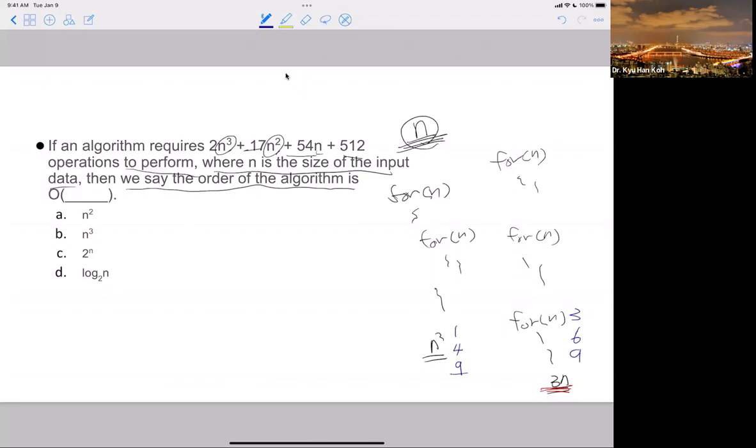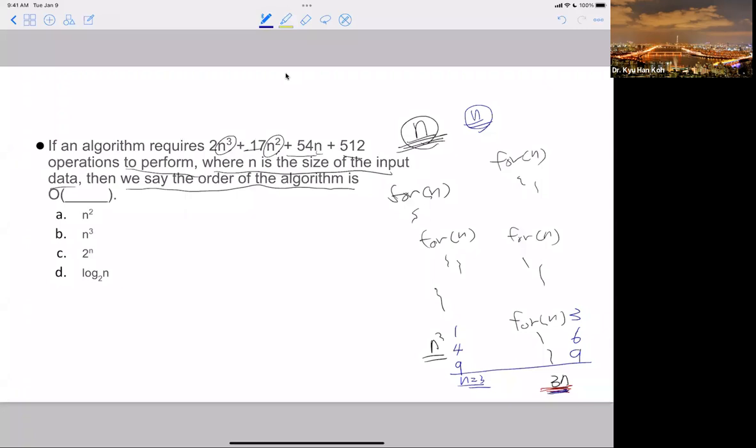So until I reach n is 3, until that case, this one is a bad algorithm. That is true because your problem size n is really small. But when we talk about all this algorithm analysis, what we really concern is the big size of n.